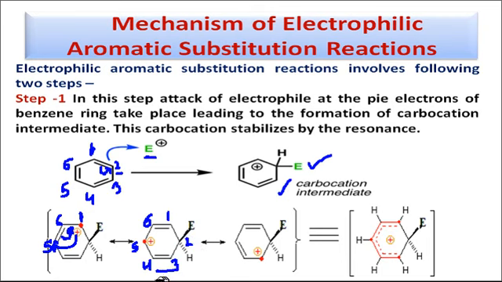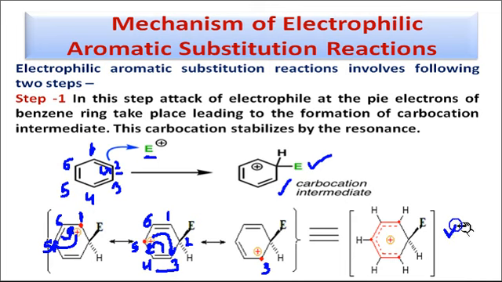Now in the next step, what happens? This double bond lies between carbon atoms 4 and 5, and the positive charge goes to carbon atom number 3 like this. So carbon atom number 3 is now the positive carbon atom, and the pi bonds are here. Due to this type of resonance, the carbocation intermediate is stabilized.